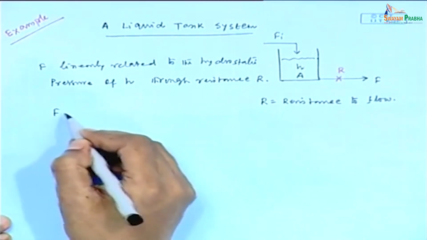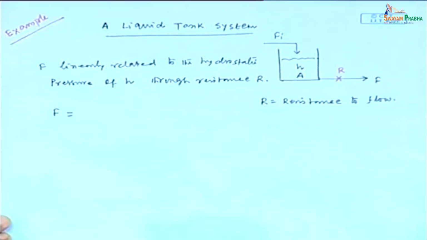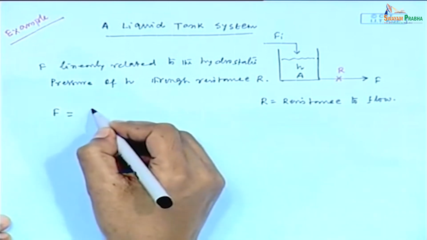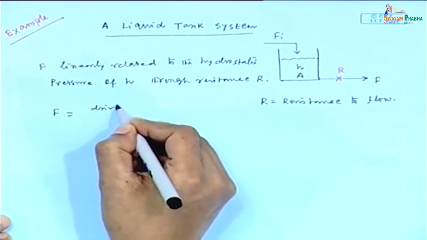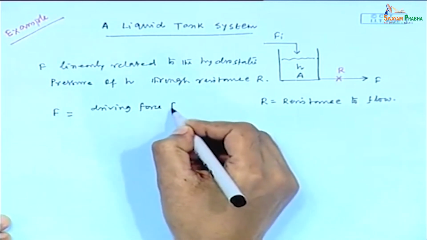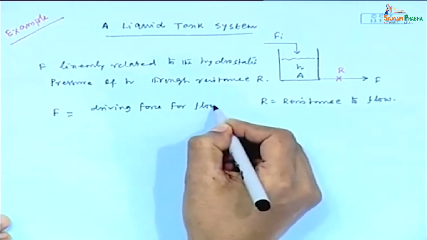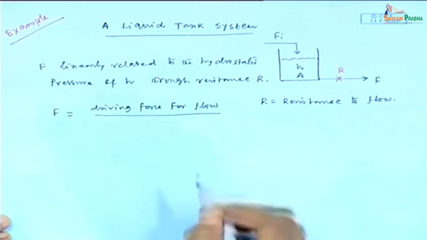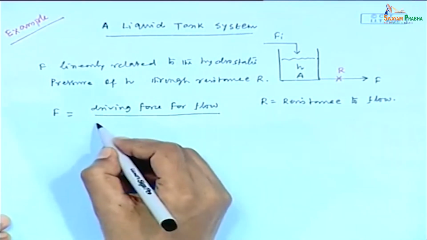Effluent outlet we can represent by this form: F equal to driving force for flow divided by resistance to flow.